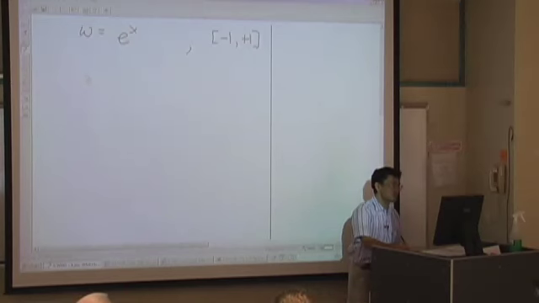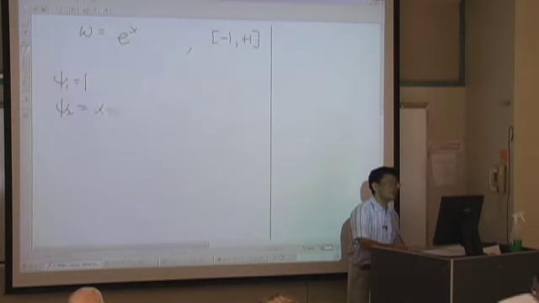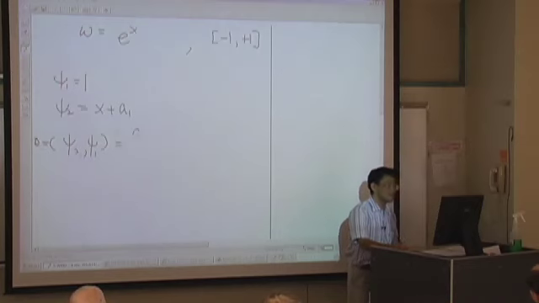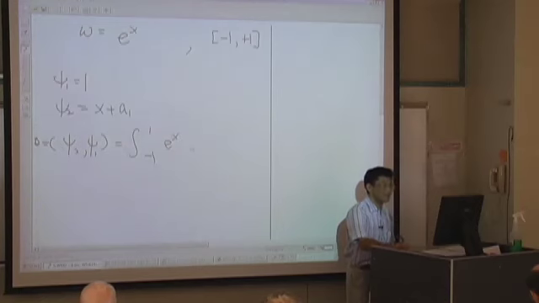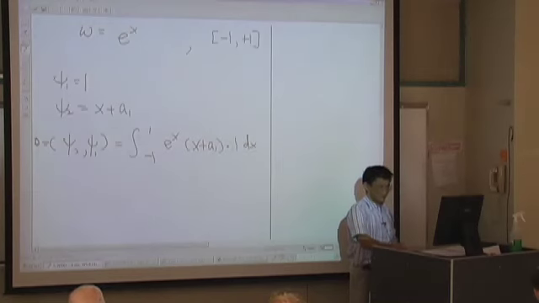Then psi 1 is 1. Psi 2 is x plus a1. The inner product of psi 2 and psi 1 should be 0. Because of this, -1 to 1, e to the x instead of negative x, times x plus a1, times 1, should be equal to 0.